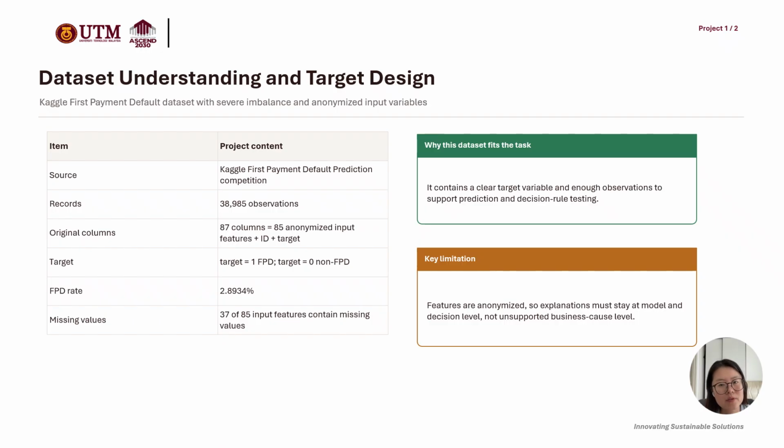A model that labels everyone safe gets about 97% accuracy, but catches 0 risky applicants. This is why we don't use accuracy, we use recall, precision and PR-AUC instead. All features are anonymized, so we interpret them as risk signals only, with no unsupported business claims.